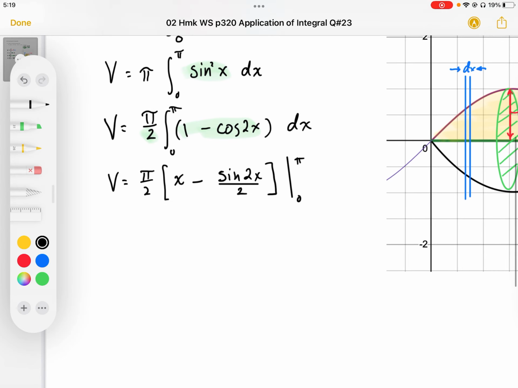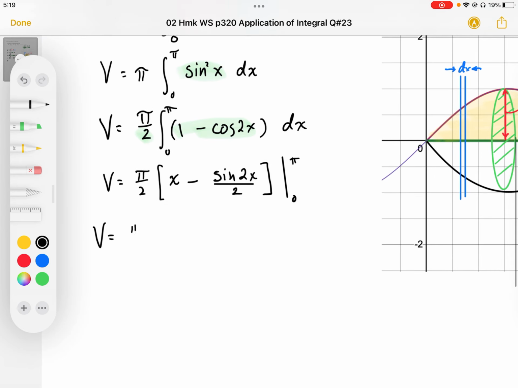Now I can evaluate this integral. Pi over 2 times pi minus sine of 2 pi, which gives us 0, minus 0 minus sine of 0, which also gives us 0.